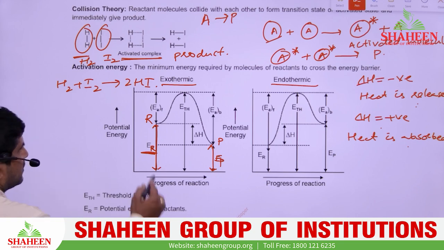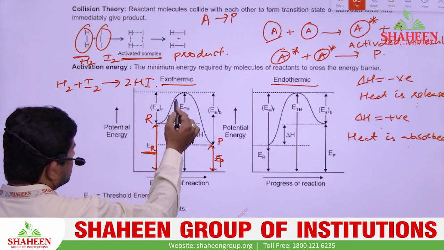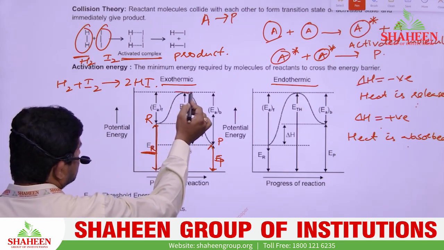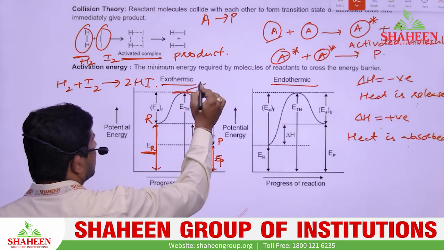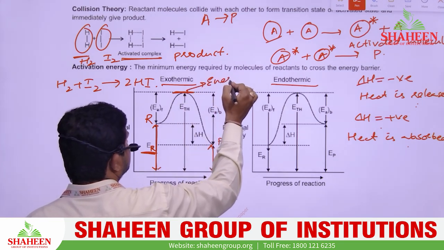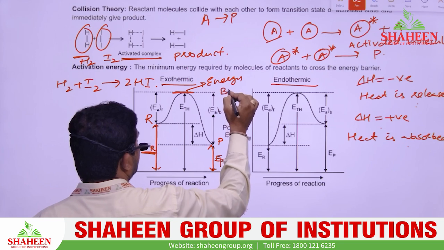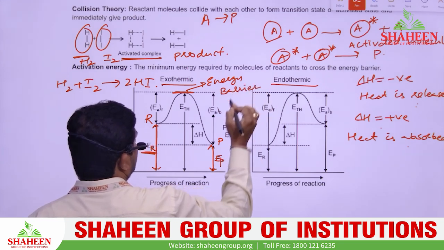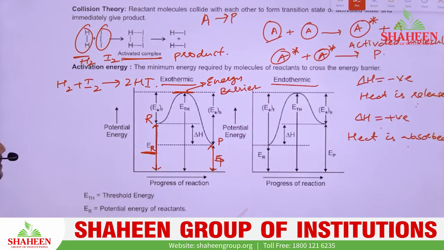Now the reactant molecule faces this barrier. This is called the energy barrier. The reactant molecule is converting into product, and it is crossing the energy barrier.